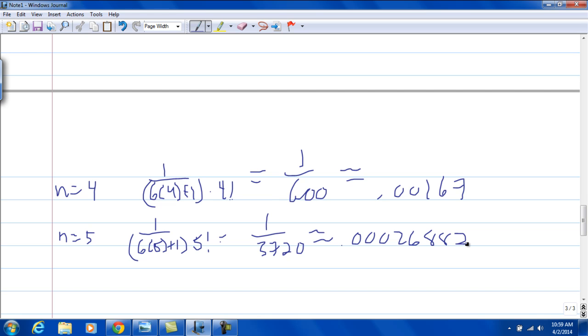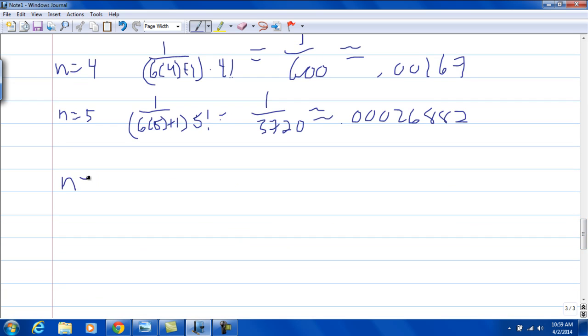So let's look at n equals 6. 1 over 6 times 6 plus 1 times 6 factorial.